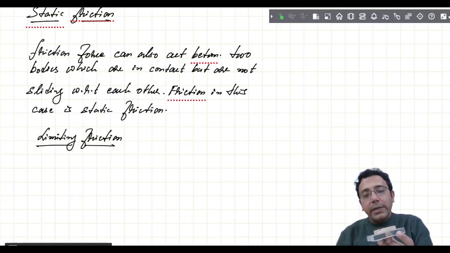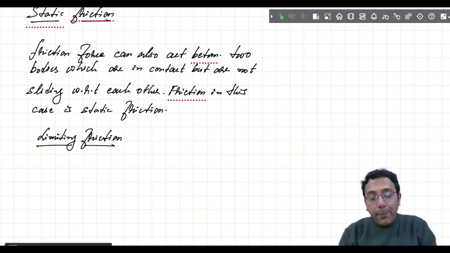If I tilt it down, is it slipping? No. Who is preventing it? The friction is preventing it, is it not? It is not slipping. So now it is trying to slip. Now up to the time the friction prevents the body from slipping, that will be the limiting friction.